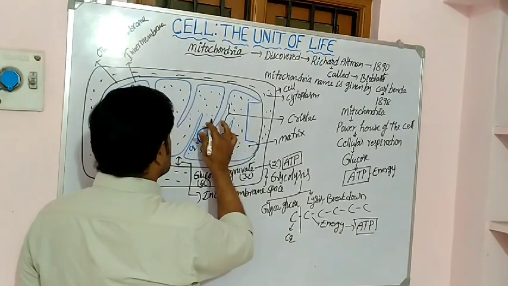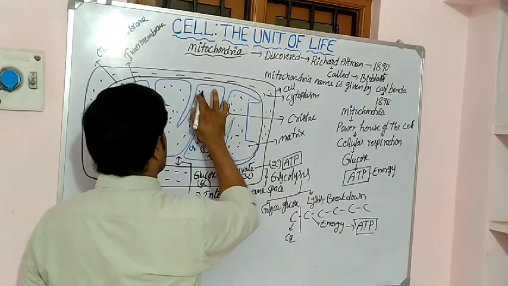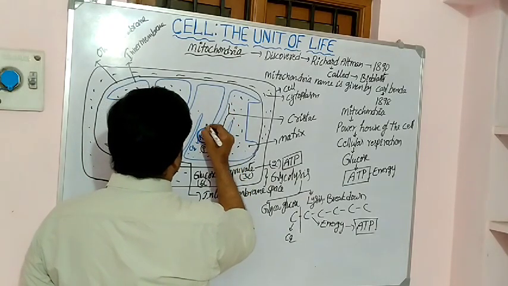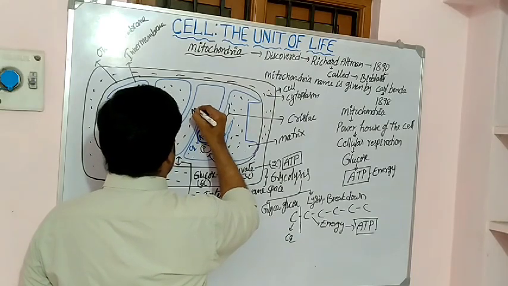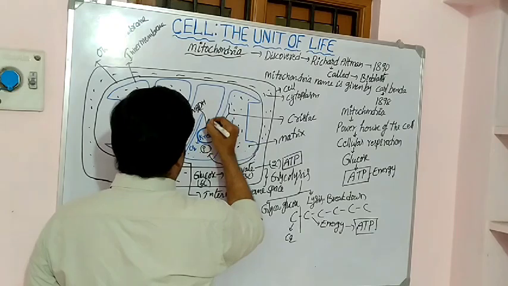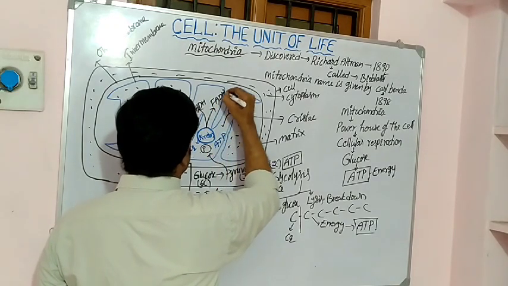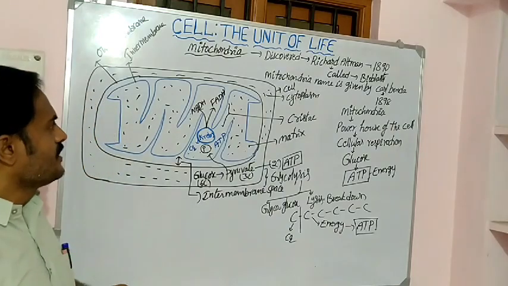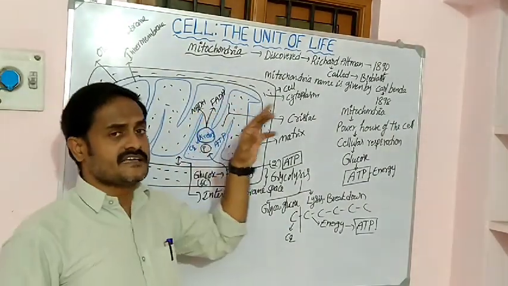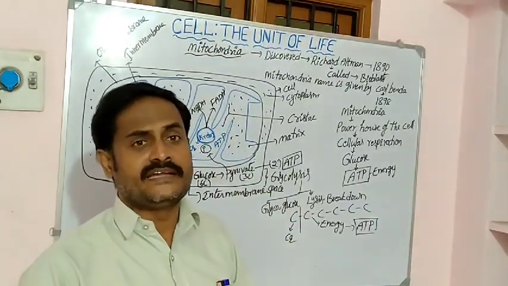here some molecules, some chemical substances, are present in the Krebs cycle. What are they? They are NADH, comma, FADH. NADH, comma, FADH. Then these NADH and FADH are further modified into ATP molecules.